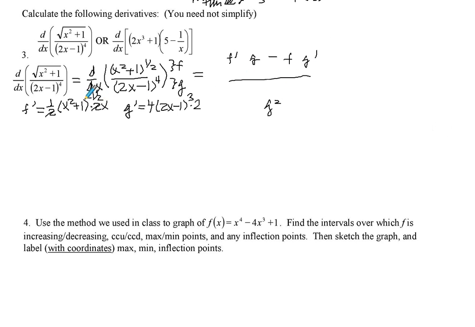It's going to be x times x squared plus 1 to the 1/2, times our g, which is 2x minus 1 to the 4th, minus our f, which is the top, x squared plus 1 to the 1/2, and then times g prime, which is 8 times 2x minus 1 cubed.